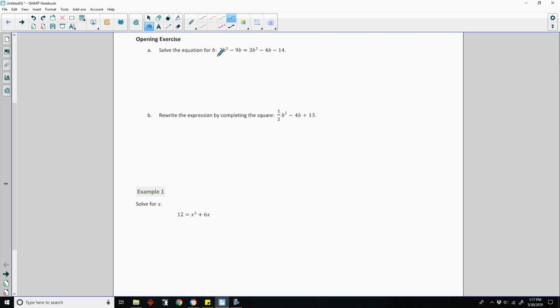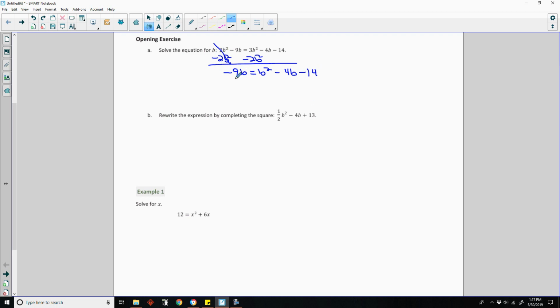So I always move the smaller of the two. So I take minus 2b squared from this side and minus 2b squared from this side. These cancel, and I get 9b equals 3b squared minus 2b squared is 1b squared, or simply b squared, minus 4b minus 14.